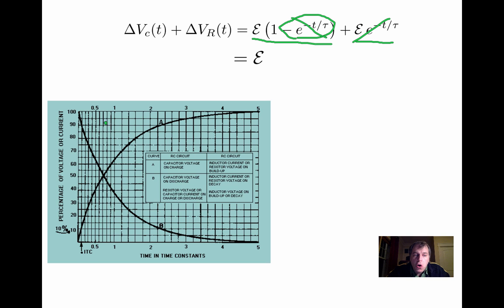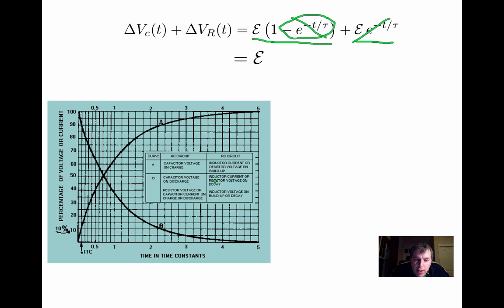But if you are plotting the two curves and you are adding up the two curves at each point, you will always get a value equal to the EMF. So the decrease of the voltage across the resistor is compensated by an equal increase of voltage across the capacitor, so that the sum is always equal to the EMF.